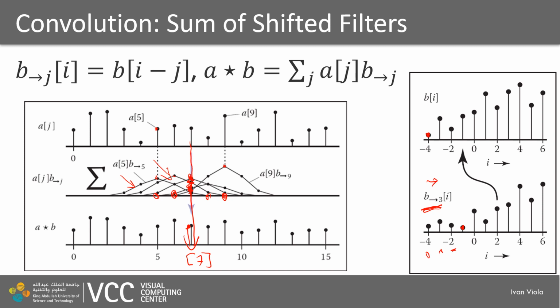So this is the shifted filter operation, and we can shift the filter by different amounts, 3, 2, 0, -2, -1, whatever, and then multiply our shifted filter with the actual value at that location of our input signal. And by this we can perform the convolution using this sum of shifted filters.